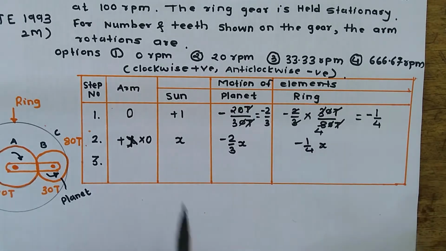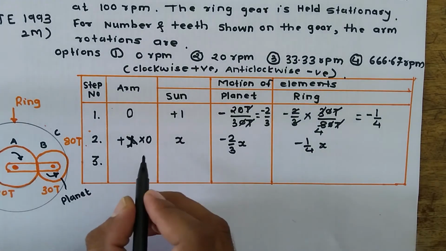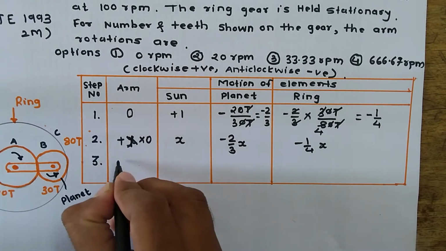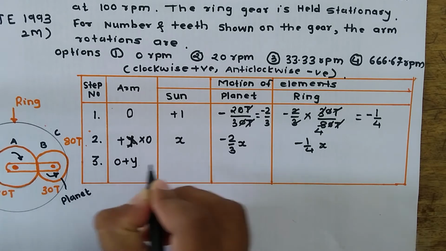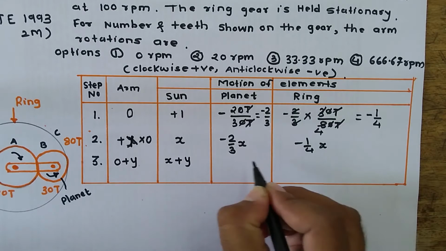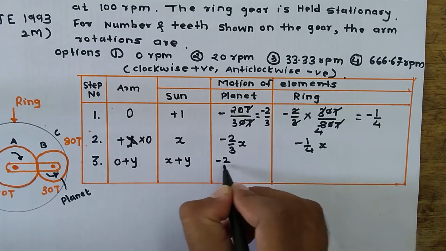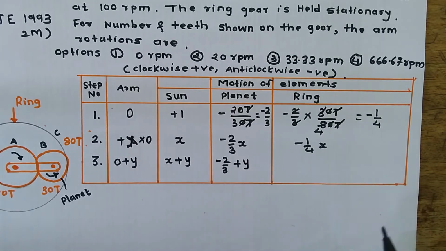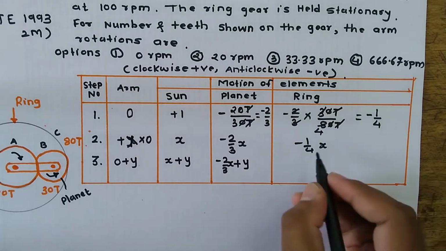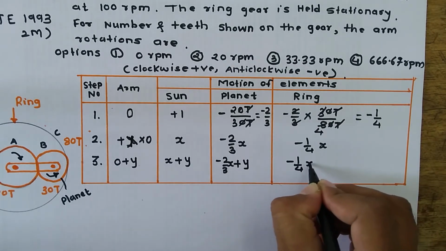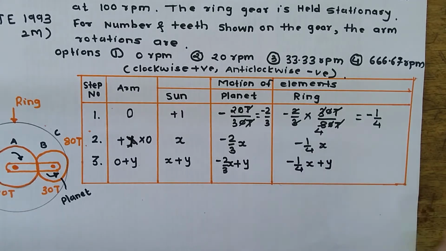In the next step we add the +y motion to each row: 0 + y, x + y, -2/3 x + y, and -1/4 x + y.